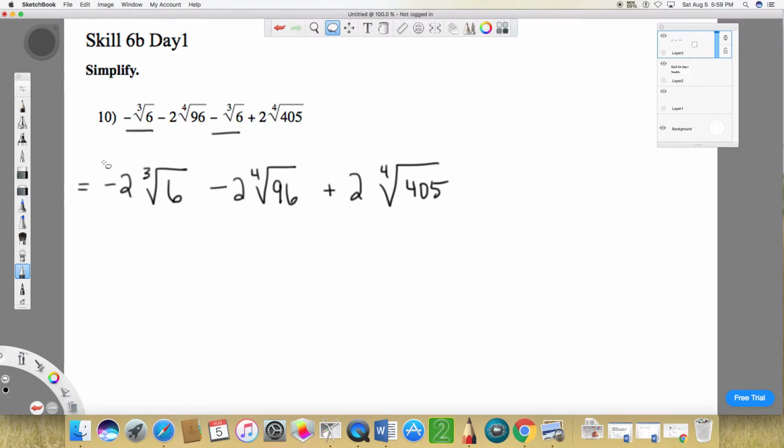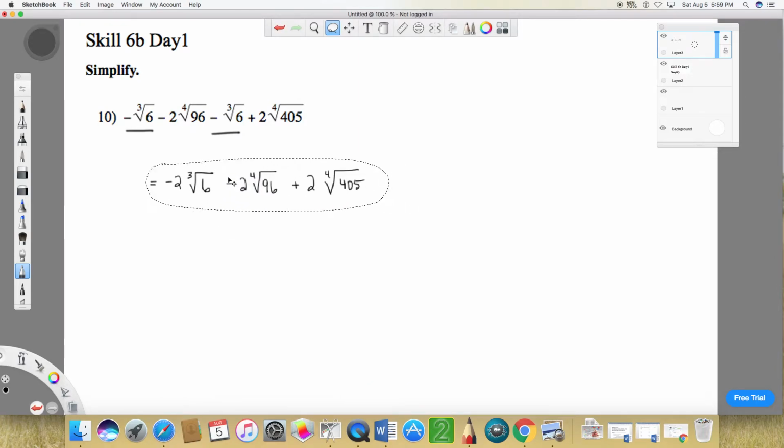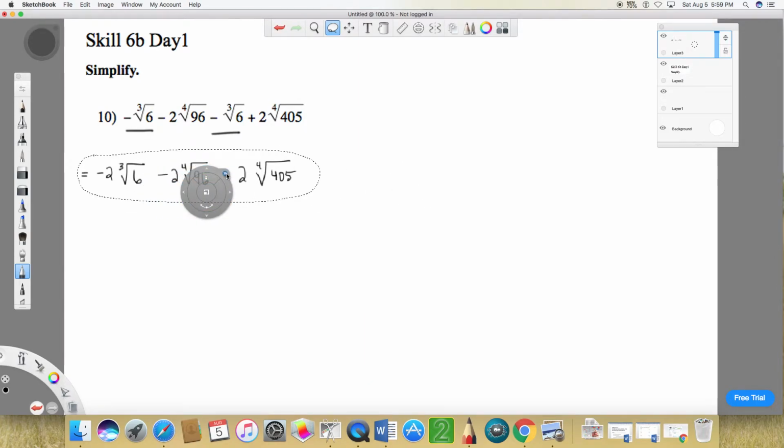Well, I keep writing bigger and bigger, don't I? So let's start with the 96 and try and break it down. I can see it's divisible by 3, or I can play with the calculator. And 3 times 32 is 96.